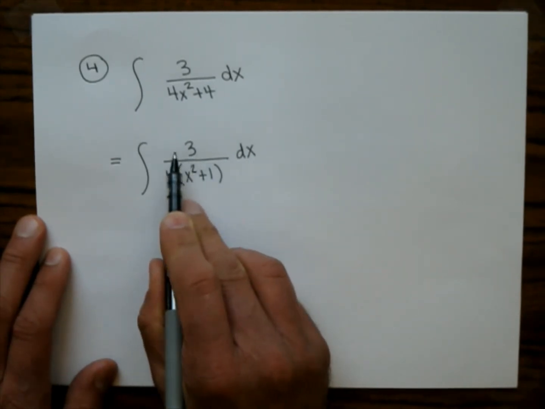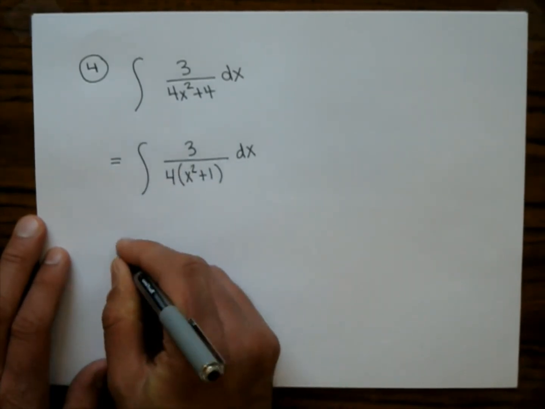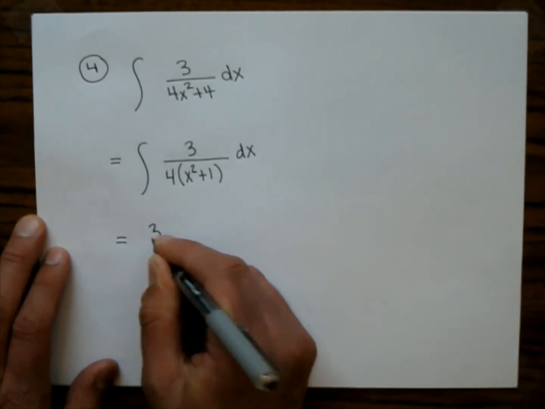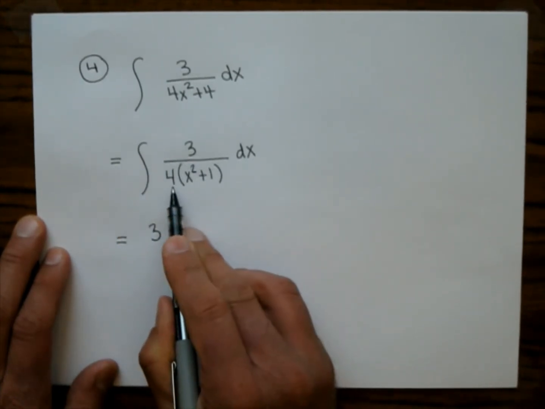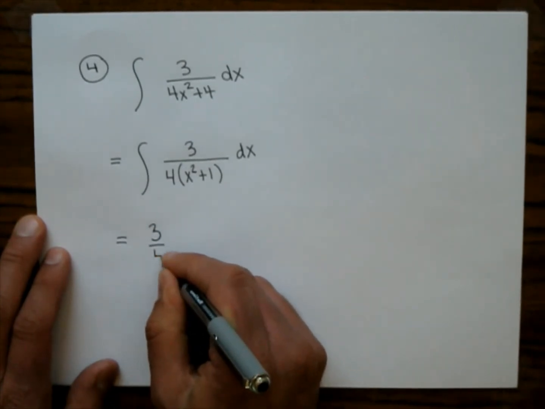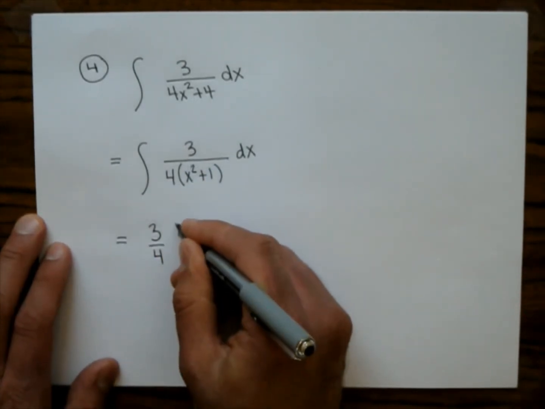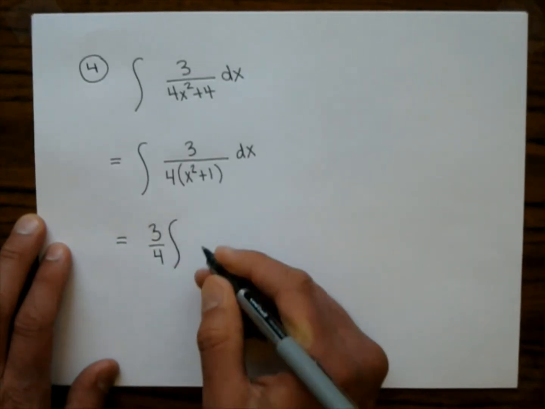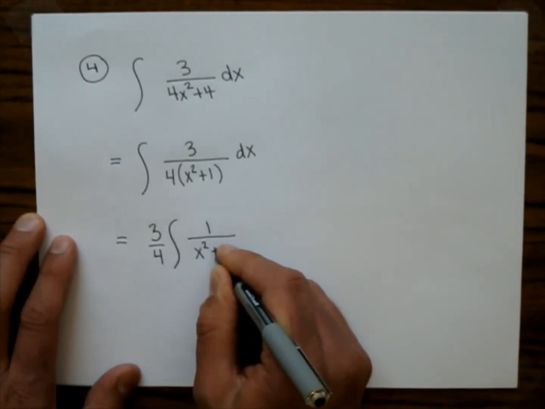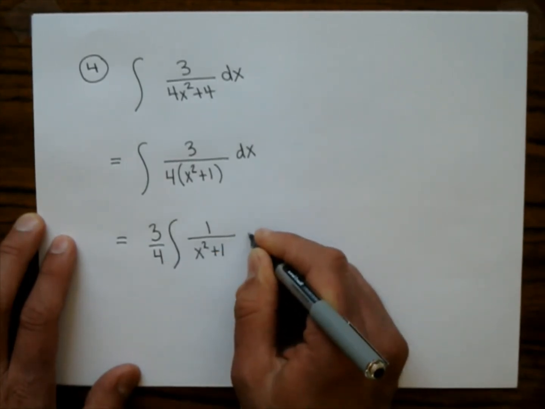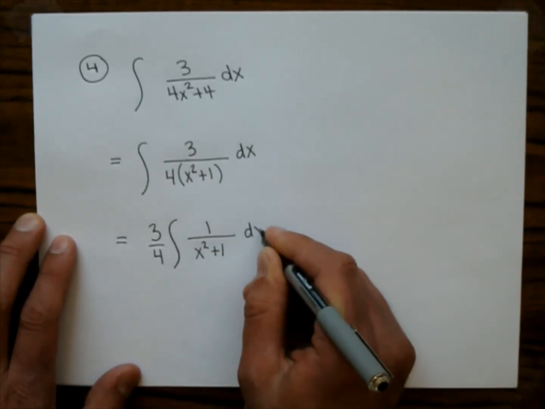Did you know that you could actually write the 3 out in front of the integral sign? It's called taking it outside or factoring it out. And same with the 4. So I can write that 3/4 outside that stretchy s, and now I have 1 over x squared plus 1. That's one term, so I'm not going to put parentheses, and I have a dx.